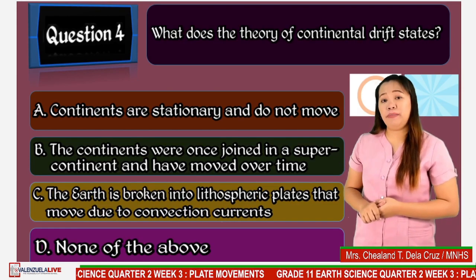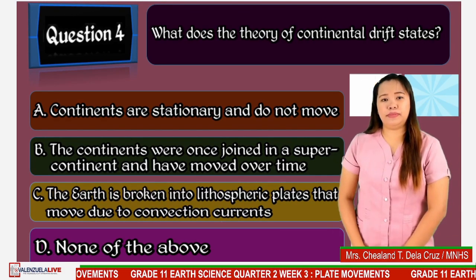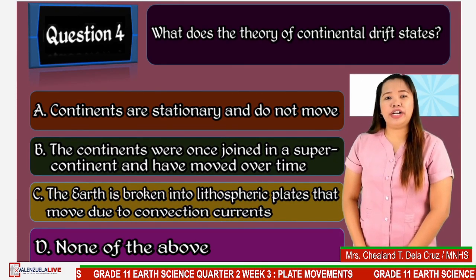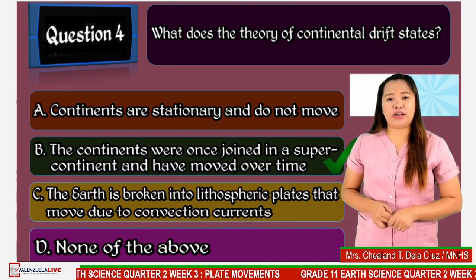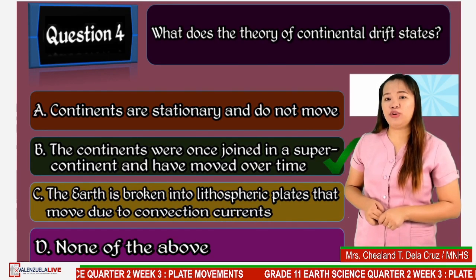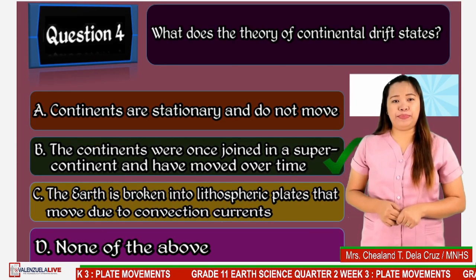D. None of the above. The correct answer is letter B. Continental drift theory states that the continents were once joined in a supercontinent called Pangaea and have moved over time.